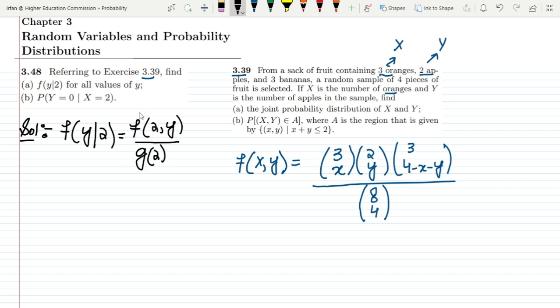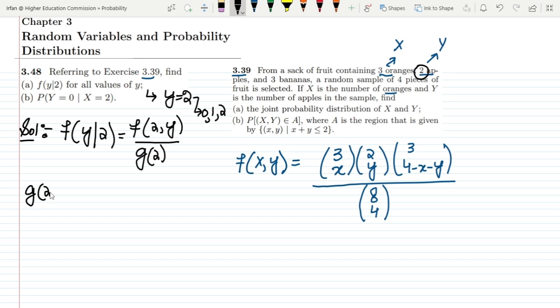On the basis of it we can find f of y given 2 for different values of y, and the values of y are 0, 1, 2, which means 0 apples, 1 apple, and 2 apples.